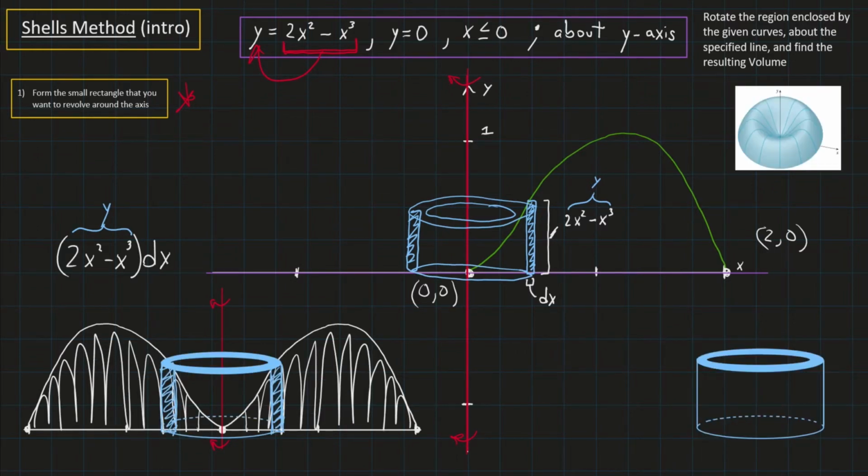Now, how am I supposed to calculate the volume of this cylindrical shell? Well, imagine taking that shell, cutting it with some scissors, and then unraveling it to make sort of a straight block. You would get this.